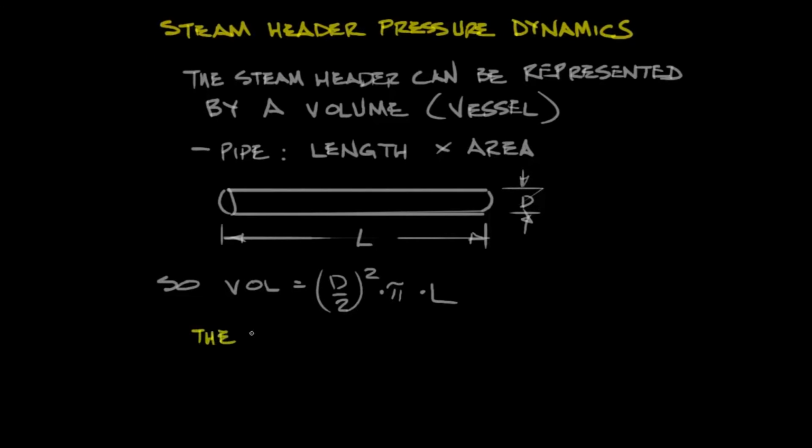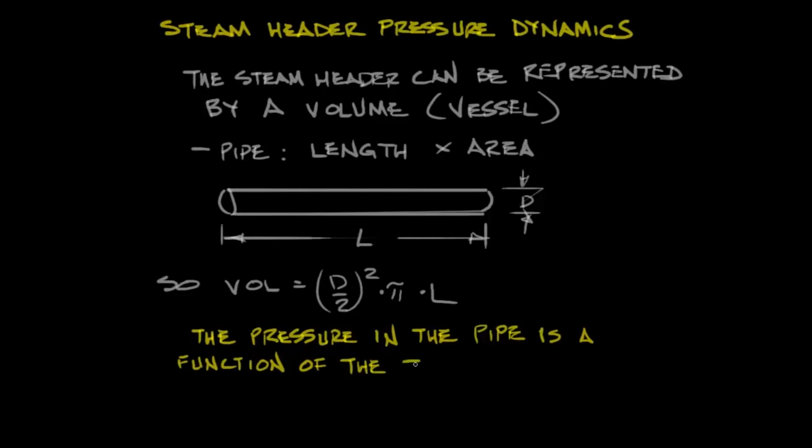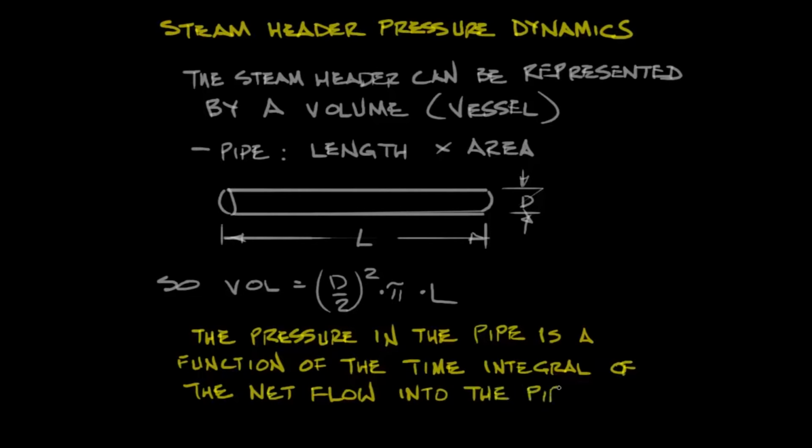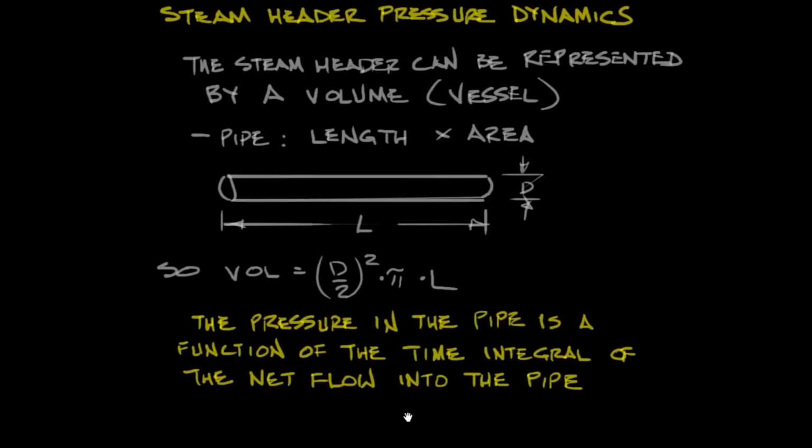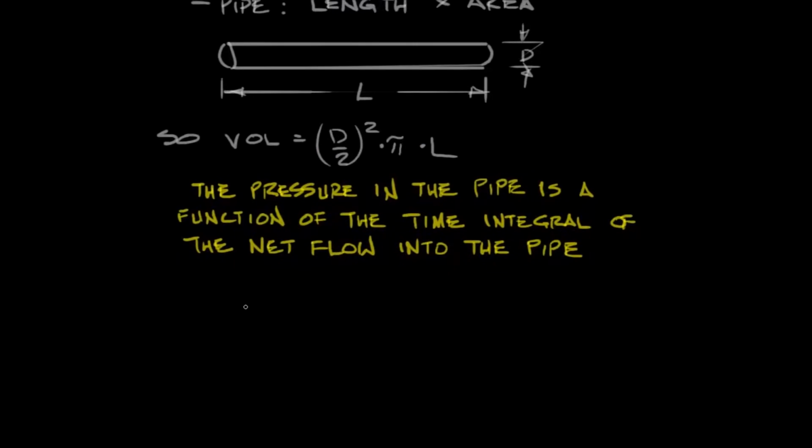So, given the volume, how does that relate to pressure? The pressure in the pipe is a function of the time integral of the flows in and out of that pipe. So if there's no change in the flow into or out of the pipe, in other words, the flow coming in is equal to the flow going out, there won't be a change in pressure, given that everything else is held constant, like temperature and volume.